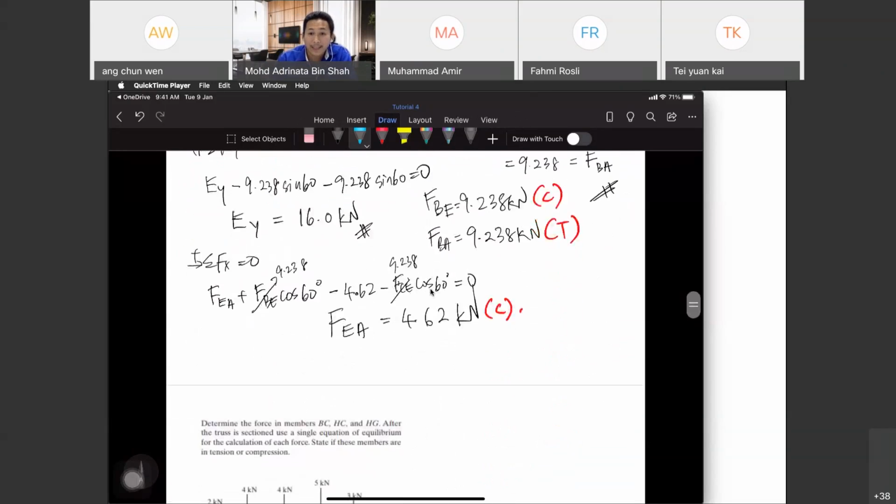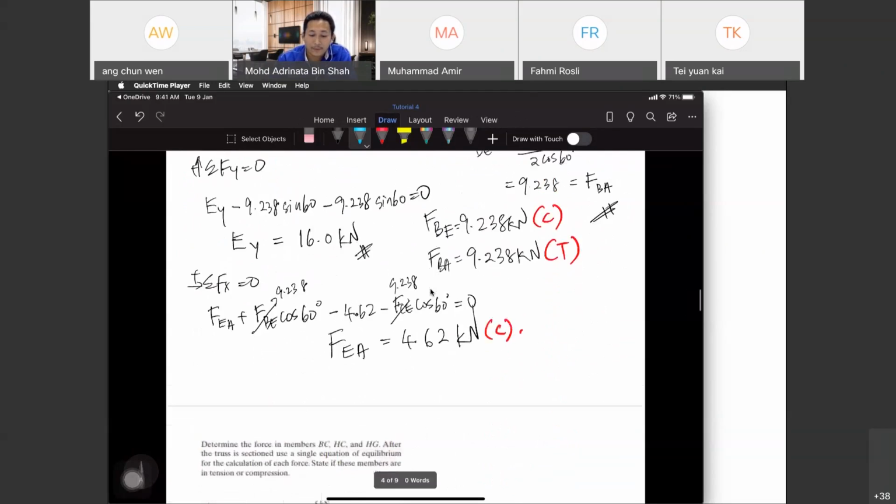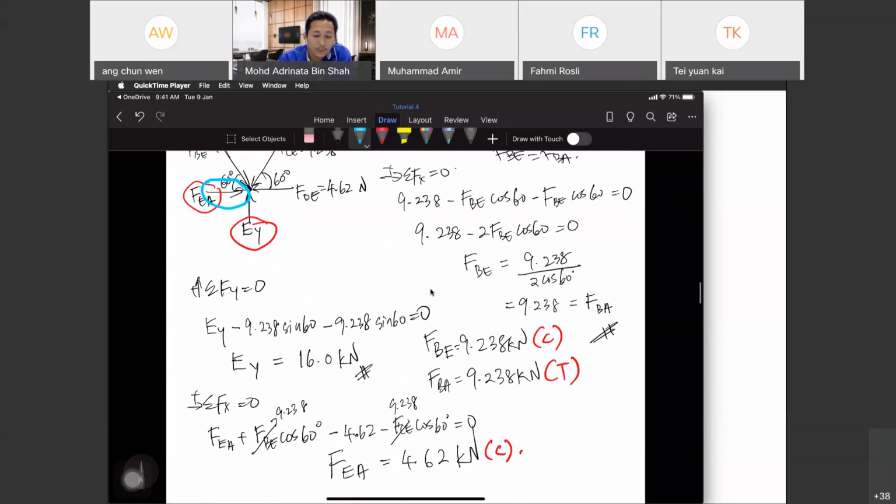Okay, let's say from this one you put your FEA is actually in that direction, FEA, look at the point up there, but from the start you assume that it is in left direction, so your answer will be FEA is equals to negative 4.62 kilonewton.